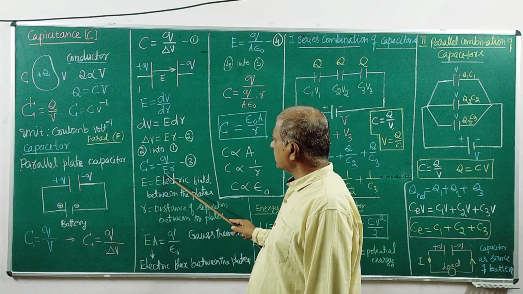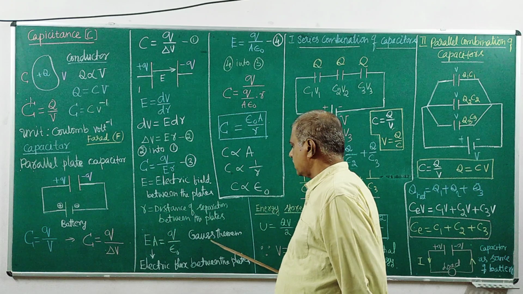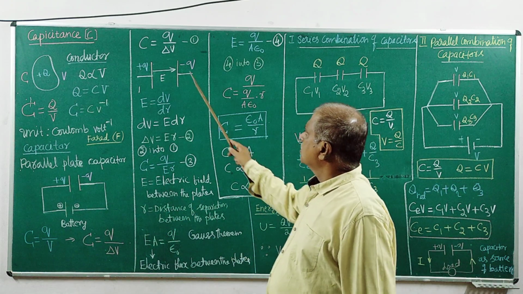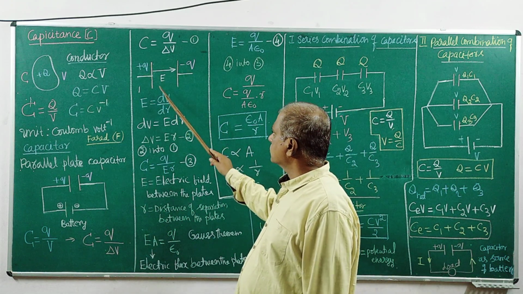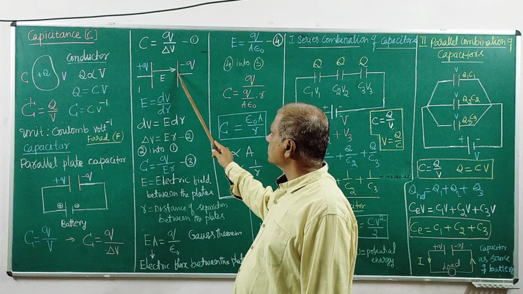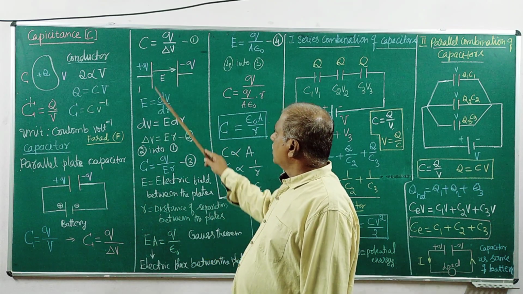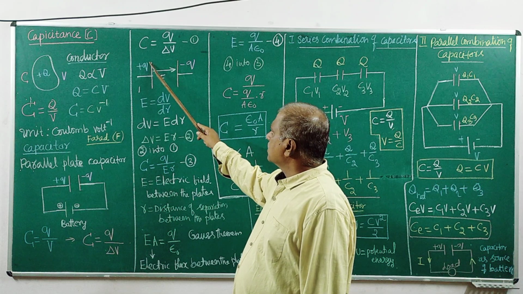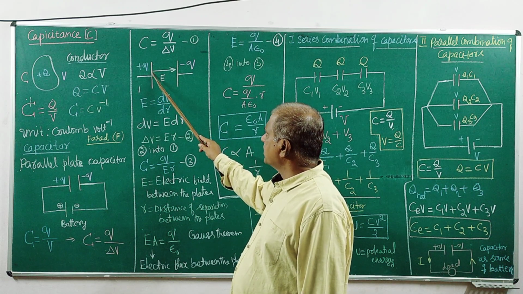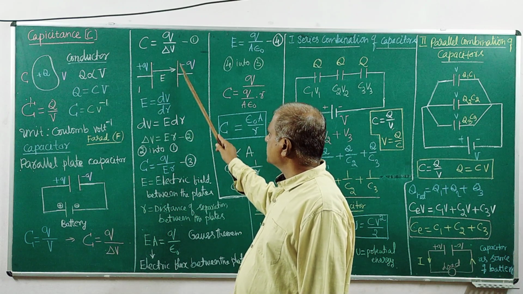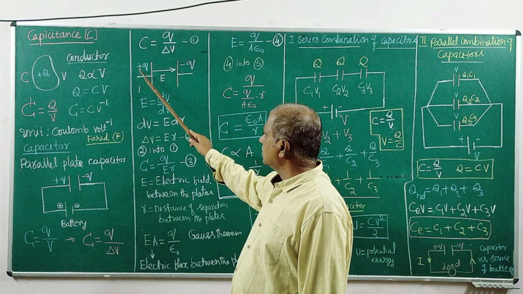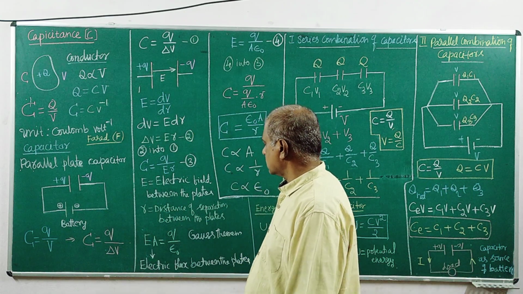So this is the electric field between the two plates, and we can estimate it using Gauss theorem. If it is an enclosure like this, I can take this surface or this surface to estimate the electric field. Above, I can take the same amount of charge and the same surface area, but the signs are different, plus and minus.